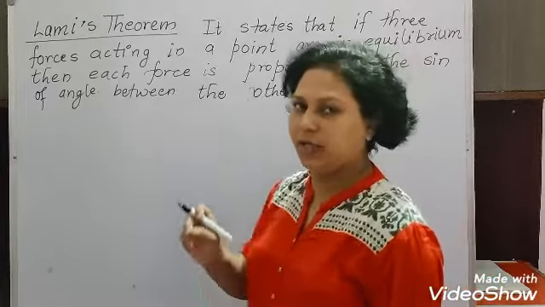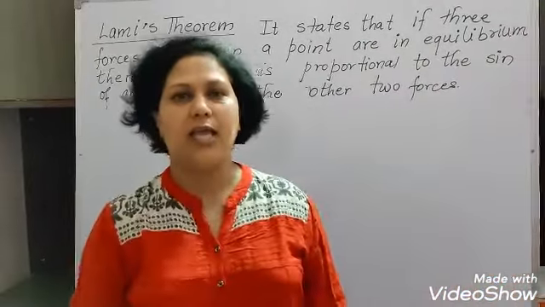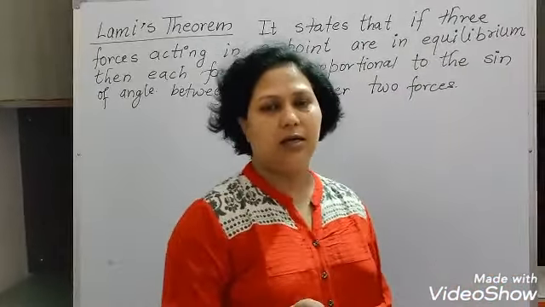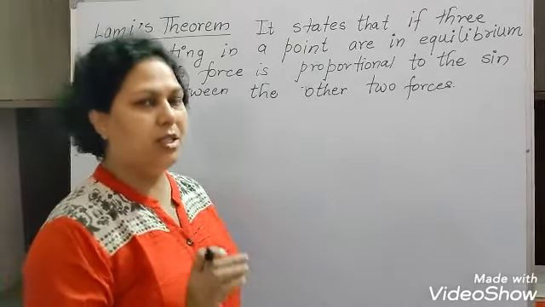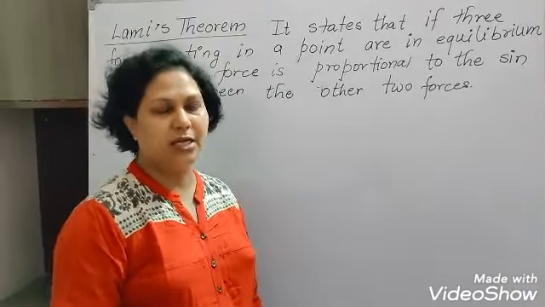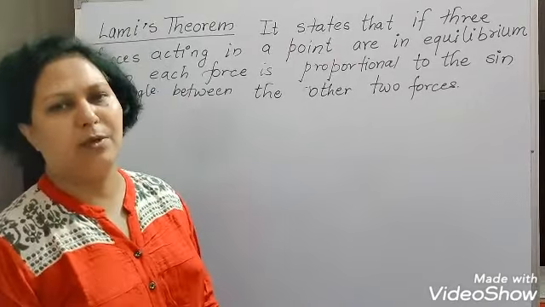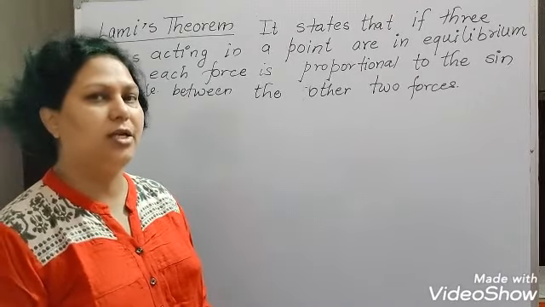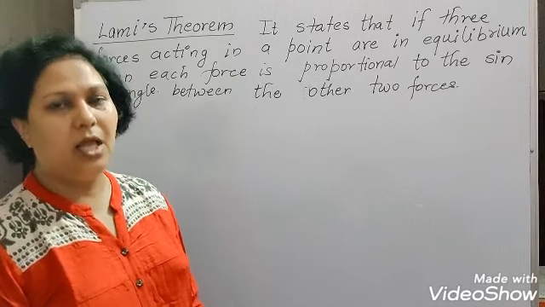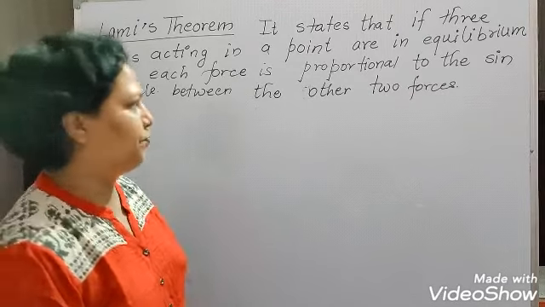Here the three forces which we are taking are in equilibrium. The meaning of equilibrium is that the three forces can be represented by the three sides of a triangle in the same order.